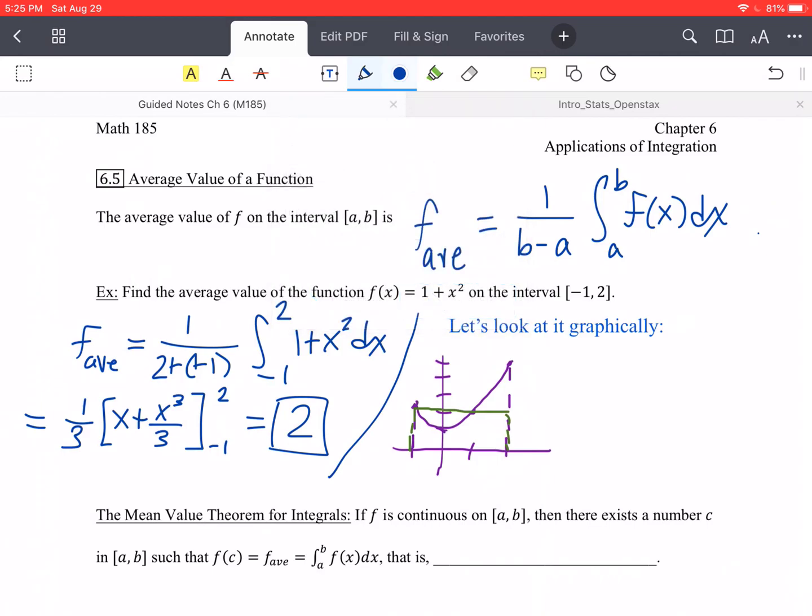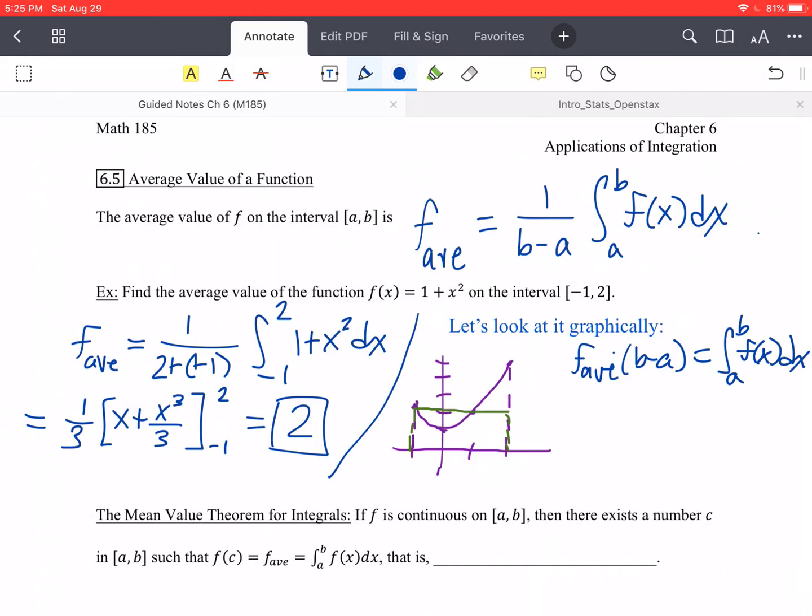Now when we look at the formula we developed, I'm going to rewrite it slightly differently. I multiply b minus a across to the other side, getting it out of the denominator: the average value times b minus a equals the integral from a to b of f of x dx.